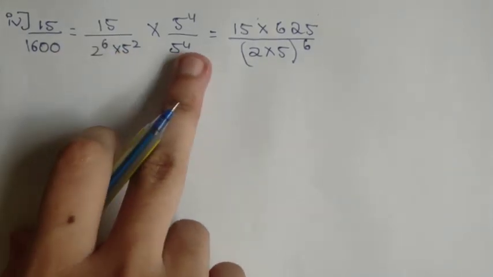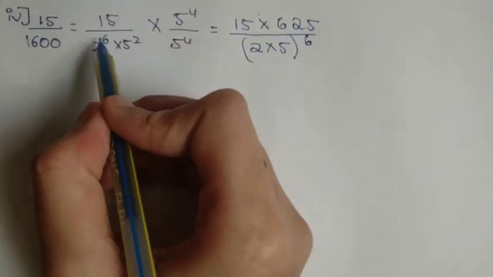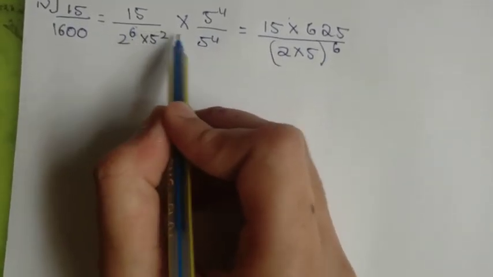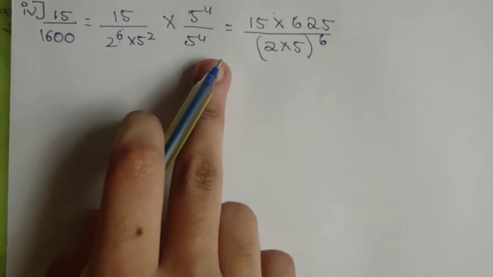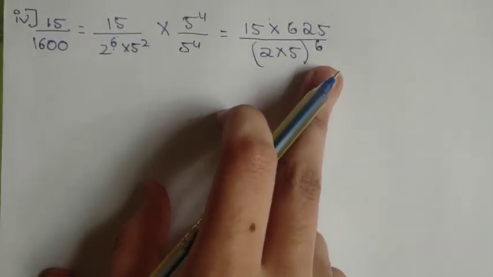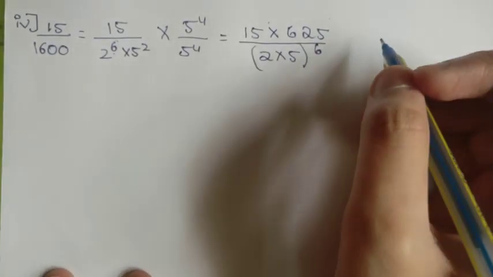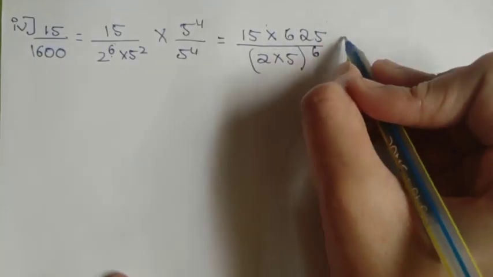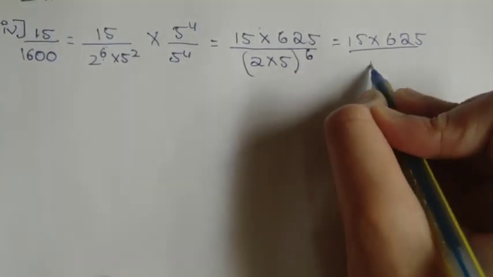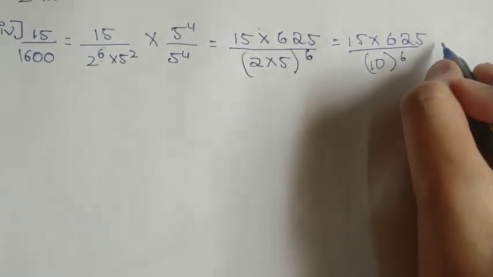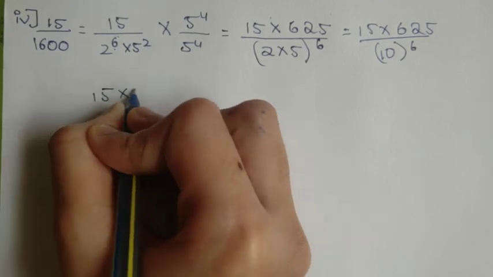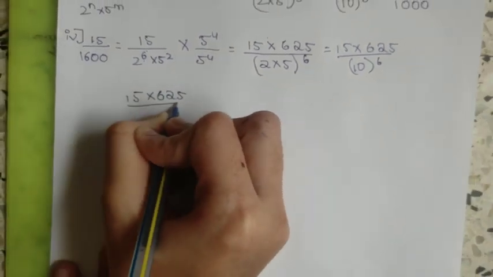Now if we add this, 4 plus 2 is 6. So you can see that we have the 6 here as well as here. So we wrote the common 6 here. Okay, next what we are going to do is 15 into 625 by 10 and here 6. Now I'll continue my sum here. 15 into 625 by 10 root 6.